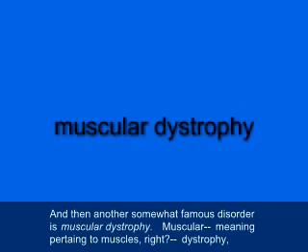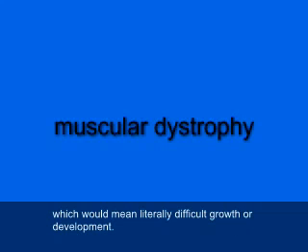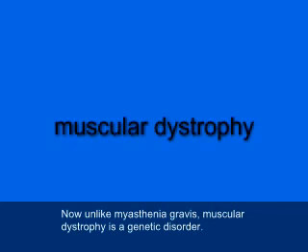And then another somewhat famous disorder, let's say, is muscular dystrophy. Muscular, meaning pertaining to muscles, right? Dystrophy, which would mean literally difficult growth or development. Now, unlike myasthenia gravis, muscular dystrophy is a genetic disorder.